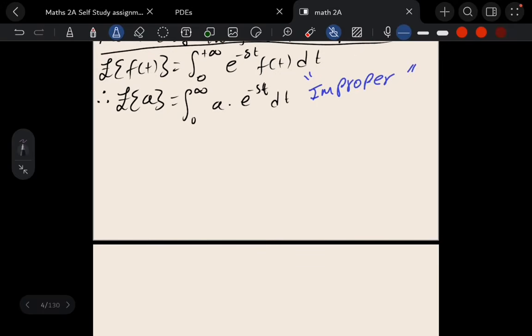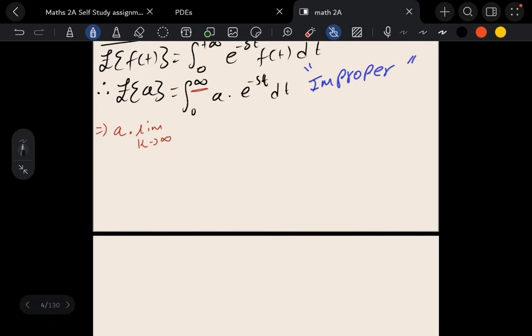So the integral will now become, because a is a constant, we can just take it out, and then we are going to take the limit of the integral as k approaches infinity. The reason we are doing this is because we have infinity there, so we cannot just integrate it.